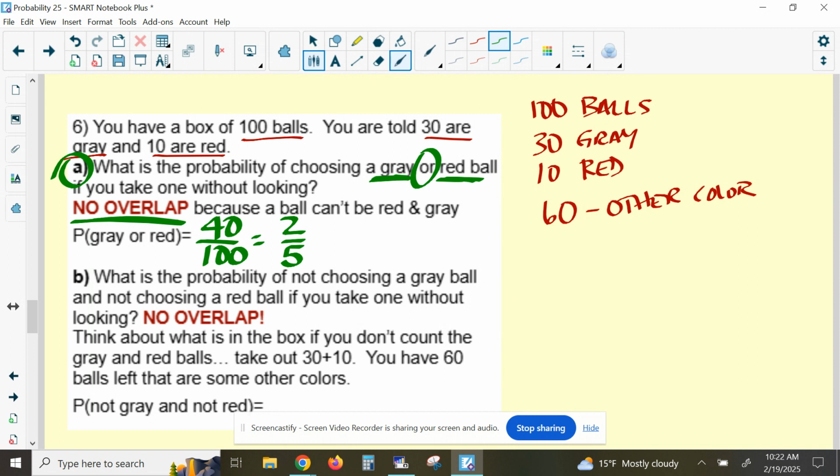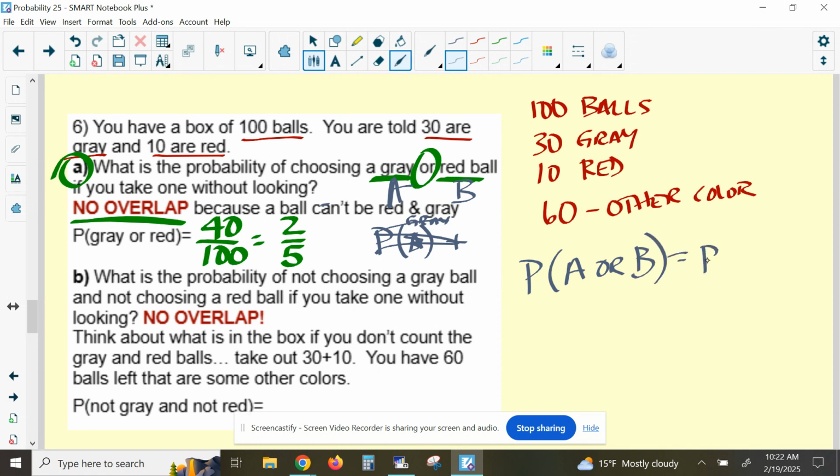Now, since this one had no overlap, could I have used this formula? If we call this A and this B, is it true that P of A or B is equal to P of A plus P of B?